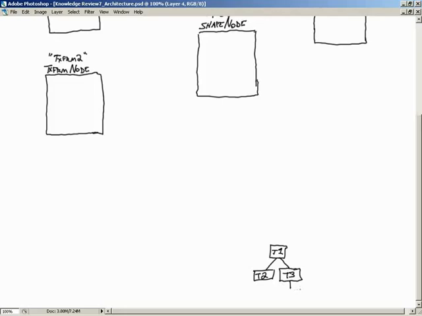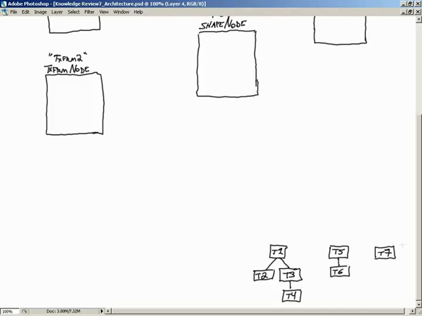Transform 3, which has another child, transform 4. Now I could have transform 5, and I could have transform 6. Maybe transform 5 has one child. We'll call him transform 6. And this guy, transform 7. And transform 7 has no children whatsoever. So here we are with 1, 2, 3, 4, 5, 6, 7 different nodes in our scene.